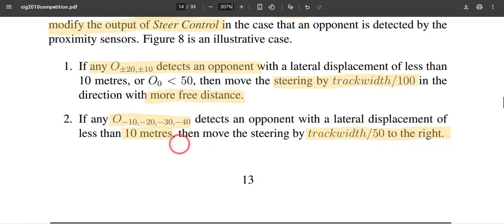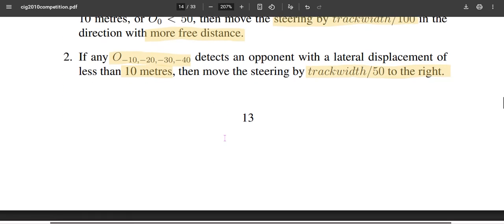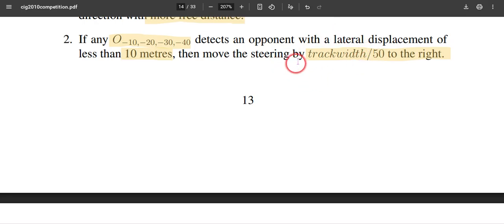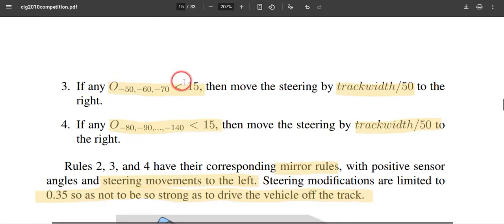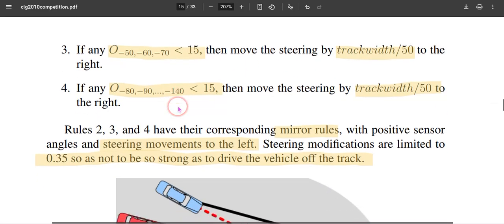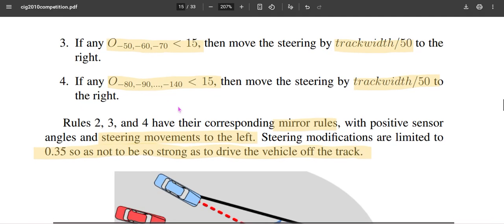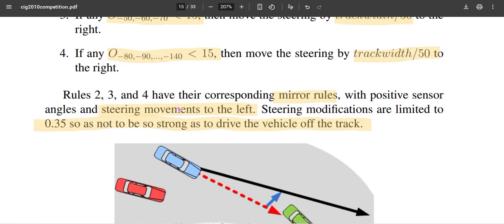For example, if there is an opponent along the left side, then we have to steer more towards the right based on these empirical relations. Similarly, if you have opponents on the left side within this zone of degrees, then we use this formula to steer to the right. Similarly for deviating from the right. This also applies to the mirror rules.